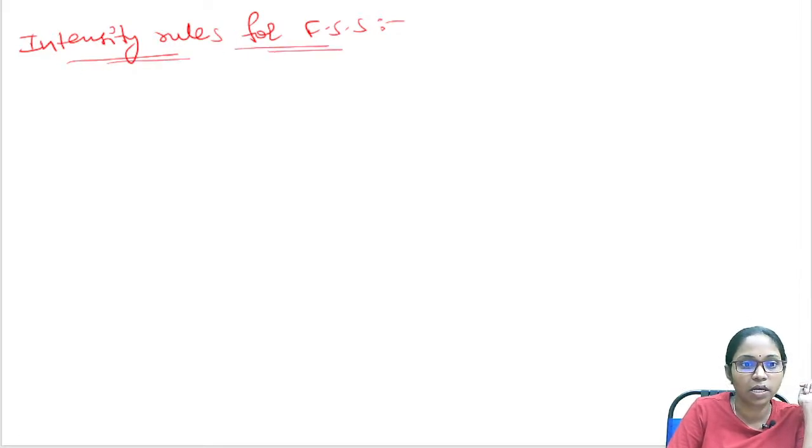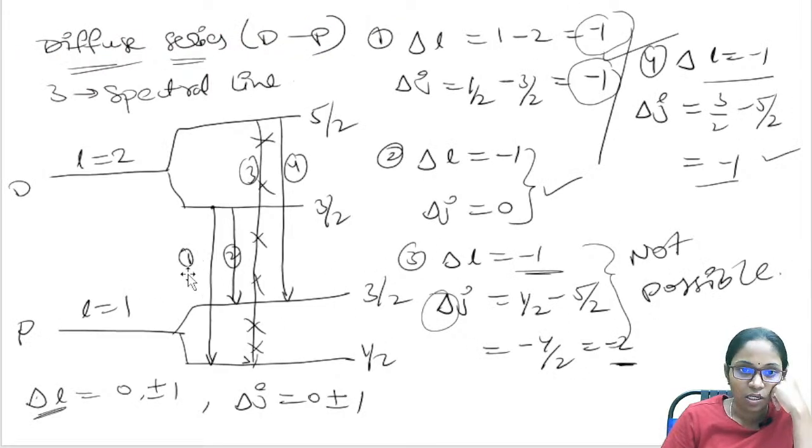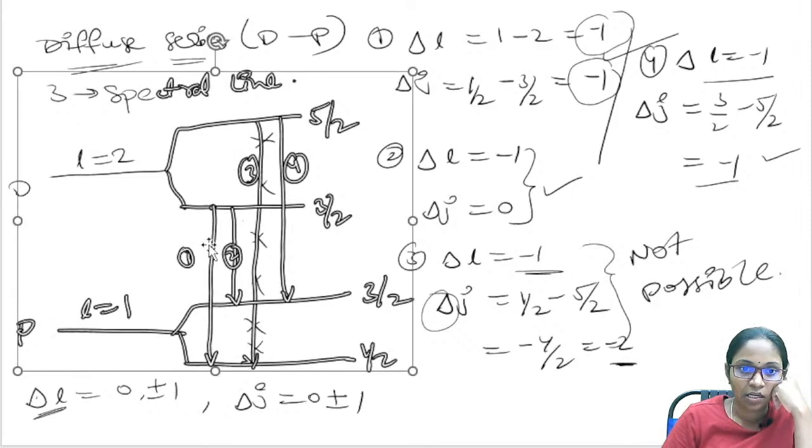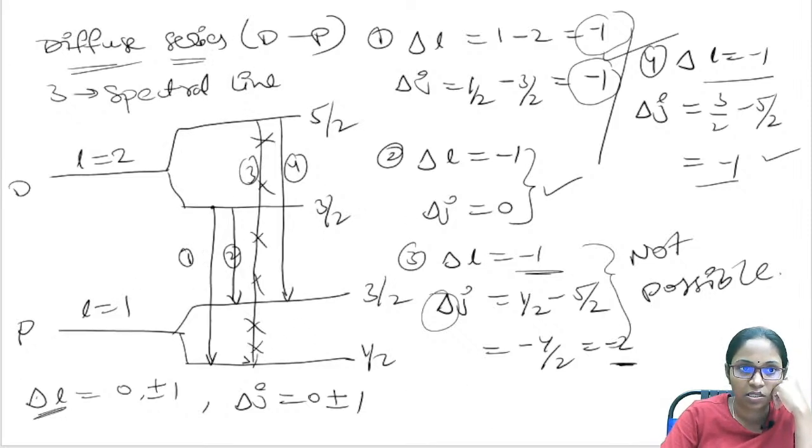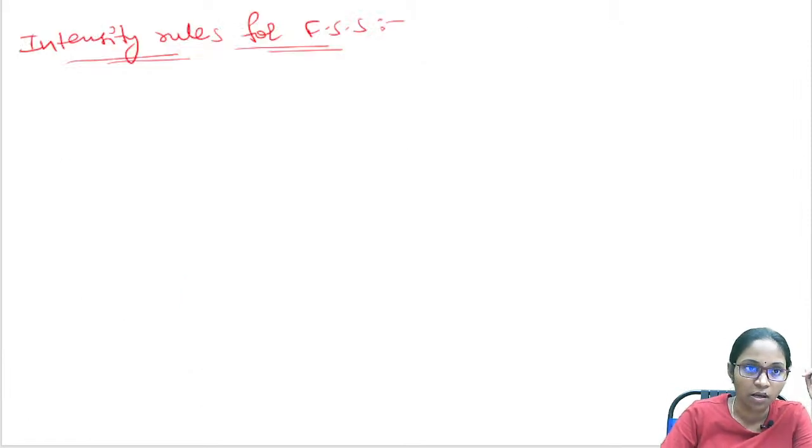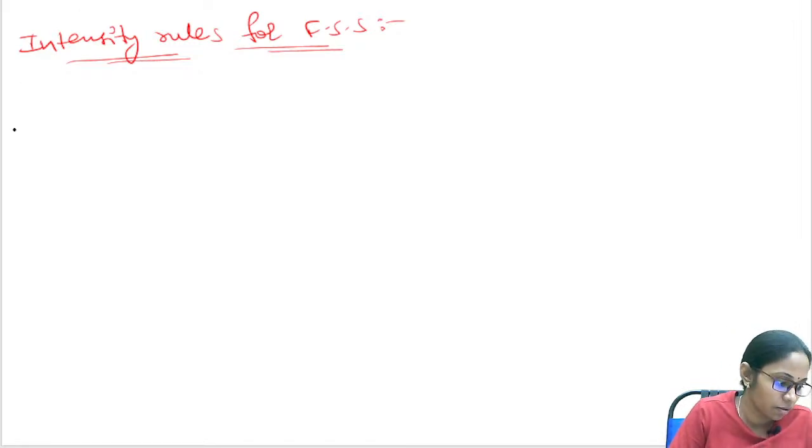See, out of these 3 lines, the first line, second line and third line, or the first line, second line and fourth line, which line is the intense one, which transition line is more intense? Let's check this. For this I will give you a trick to find the intense line.